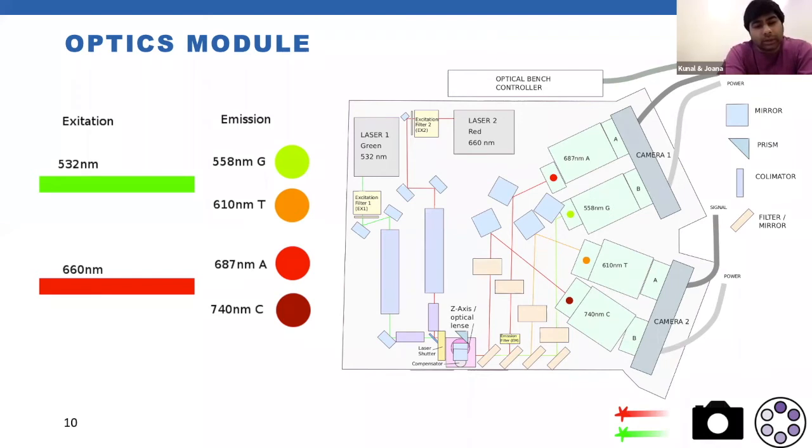The laser lines are then directed through the objective, and fluorescence emission is collected and filtered by 4 different bandpass filters at those wavelengths, and then directed to 4 TDI line scanning cameras. We can acquire images simultaneously from all 4 cameras, and we can control all these different components and synchronize them to do 4-color imaging.